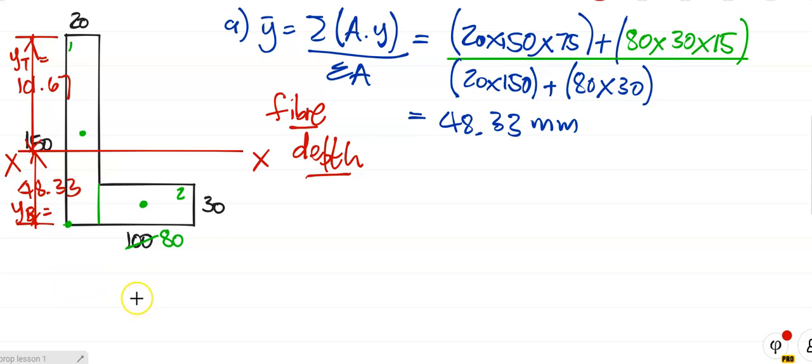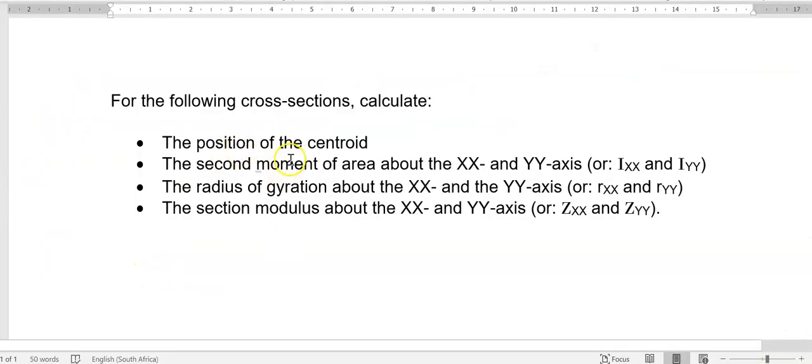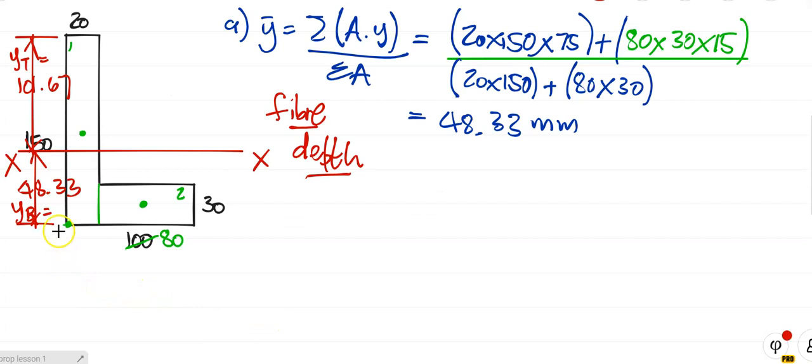Have we finished calculating the position of the centroid? No. We still need to work out bar x, that is how far it is from there to there.